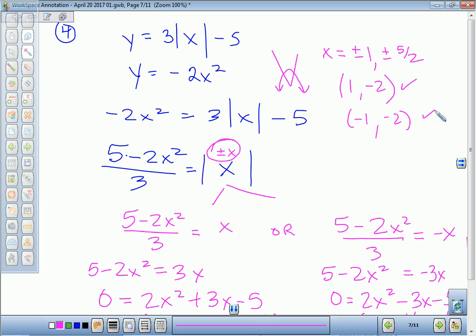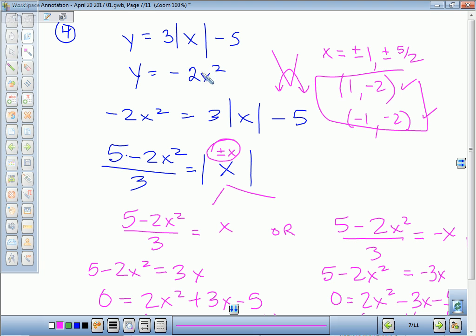Okay, this one works and this one works. So what does that tell me about the next two? They don't. If you plug in 5 halves, here you get 15 halves, which is positive. 7.5 minus 5 is positive. And when I plug it in here, it has to be negative. And that's going to happen both times. So these are the two that work.